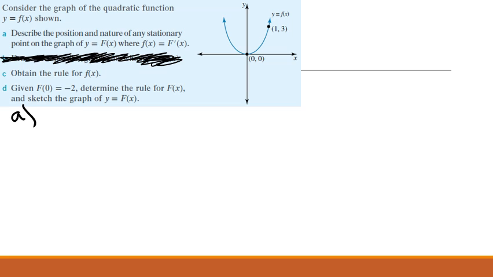What's the stationary point on this? 0. Because this is the y equals f of x. 0, 0. So f dashed of 0 is equal to 0. And anything else?